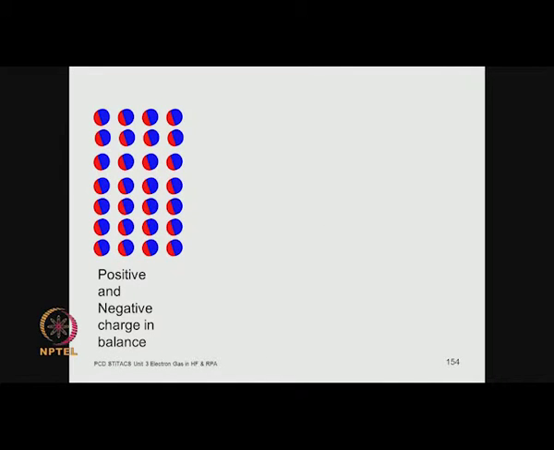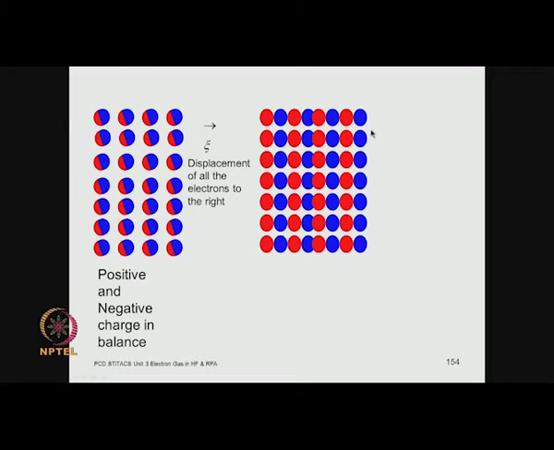I had referred to this picture earlier, that you have a positive and negative charge in balance. You consider a small displacement of the electron gas to the right, so that you have a net negative charge on the right side of this figure and a net positive charge on the left side.